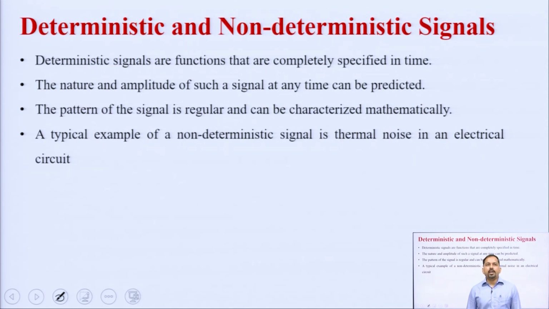As the name suggests, deterministic signals are signals which can be mathematically represented, so their values are known. Those types of signals are known as deterministic signals. Whereas if a signal is not represented mathematically, or if we are not able to predict the amplitude of the signal, those types of signals are called non-deterministic.